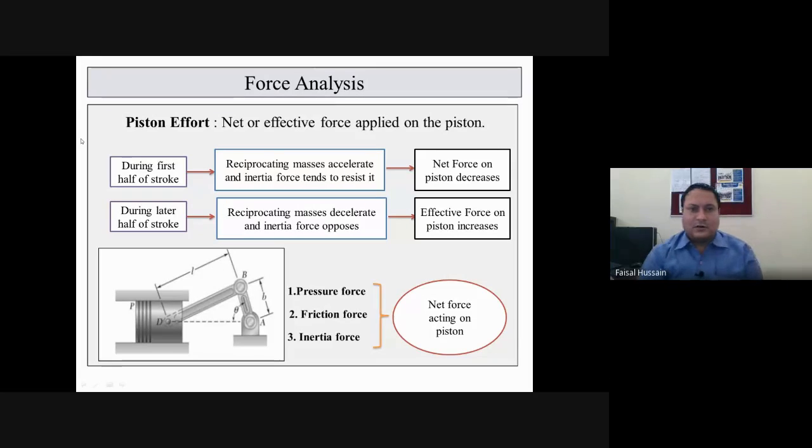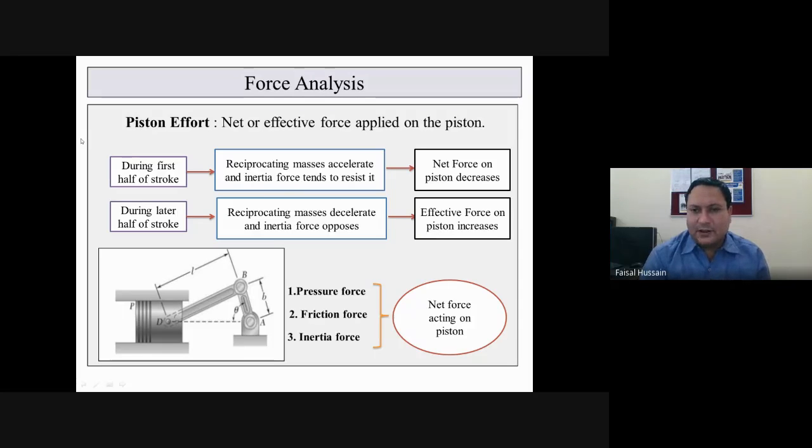Now, during the first stroke, or the first half stroke, what will happen? When from inner dead center during a first stroke, the total stroke is 360 degrees. So during 0 degree to 180 degree, what will happen? When the crank moves from 0 degree to 180 degree, the reciprocating masses will accelerate and inertia force will try to resist it.